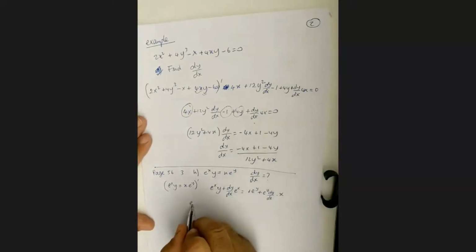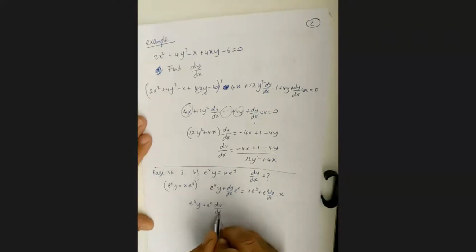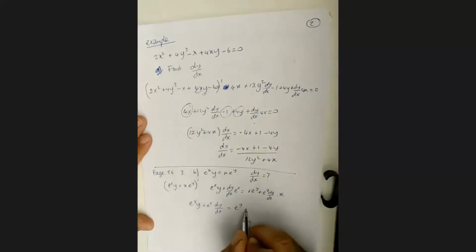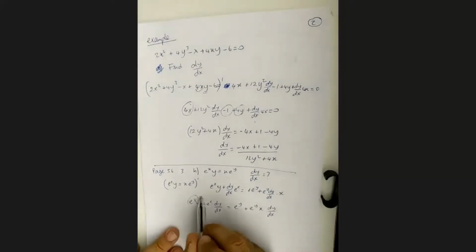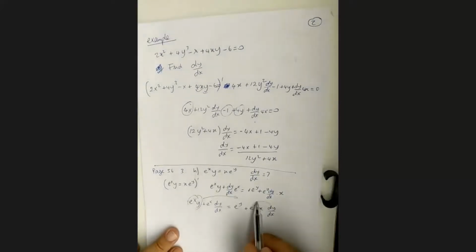So e to the power of x times y plus e to the power of x dy over dx is equal to e to the power of y plus e to the power of y times x dy over dx. I am going to take that one to the right-hand side and that one to the left-hand side.